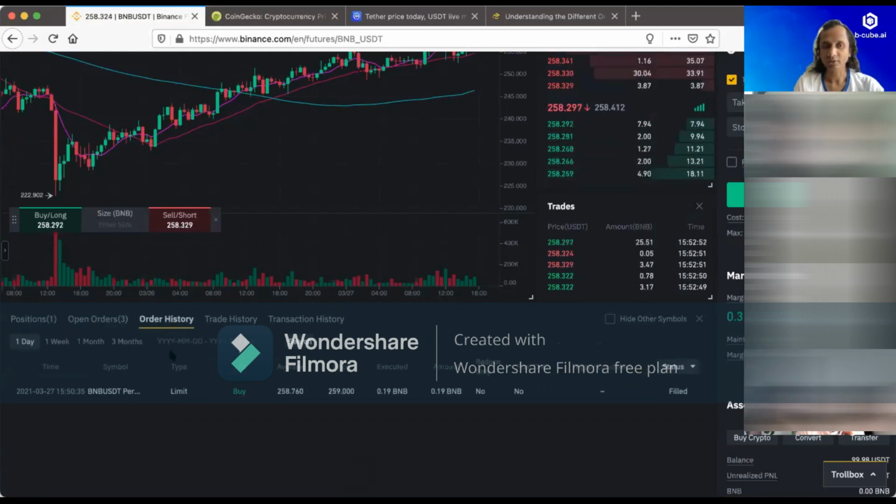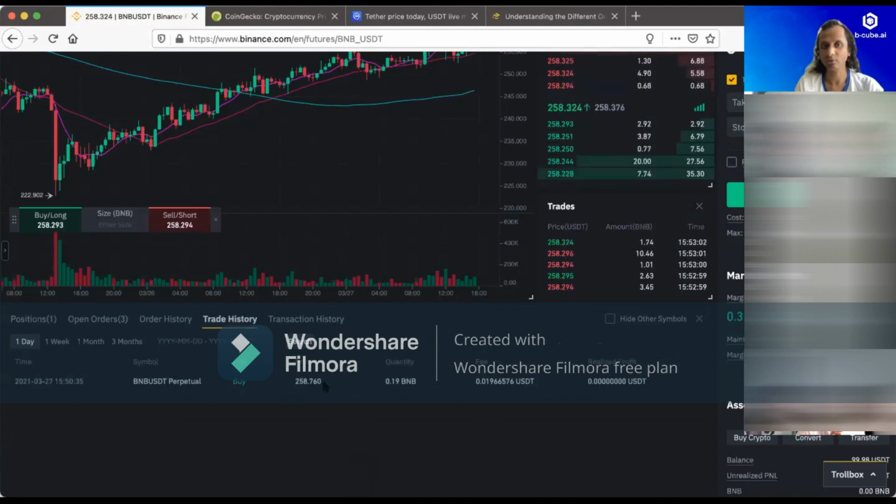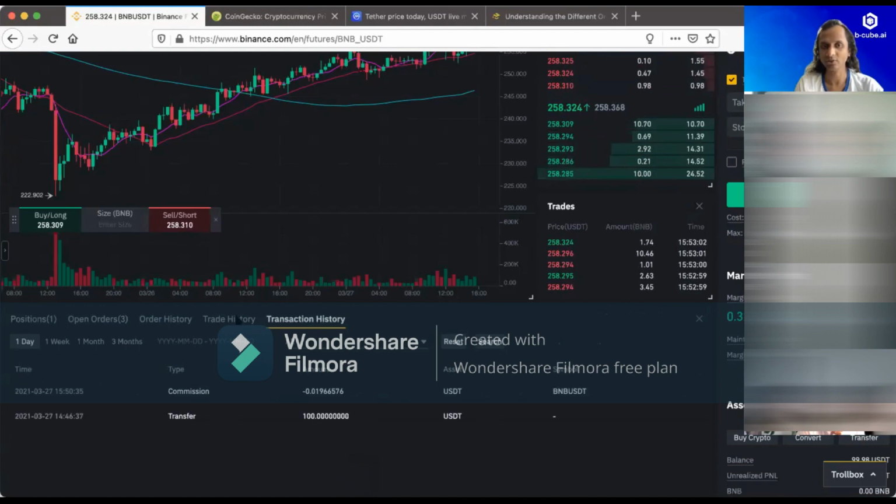And in orders history, when you come here, you can see your orders, what was executed, at what price, what happened, everything. And in trade history you can see your transactions, which also covers commissions and other things, which gives you much more depth into your operations.